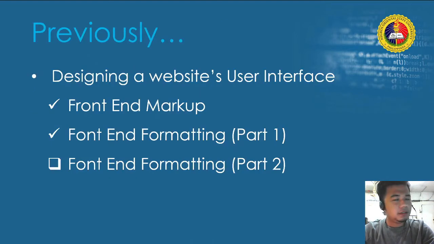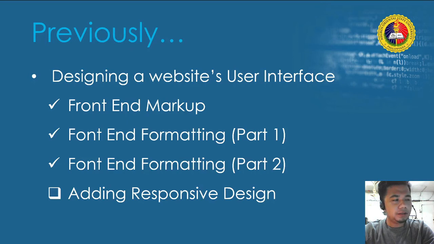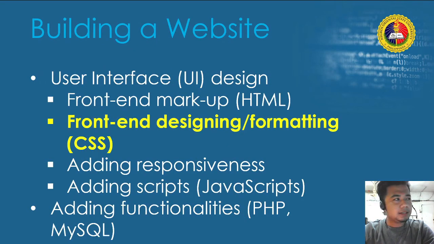So previously, we learned about designing a website's user interface, and we worked with the second part, designing the front end. And then today we are going to add responsiveness to our website. So again, just a recap.